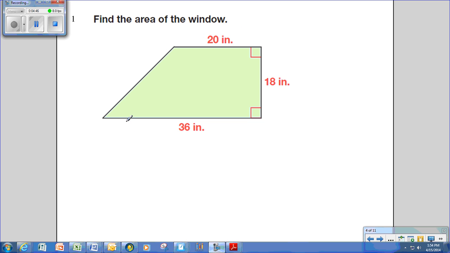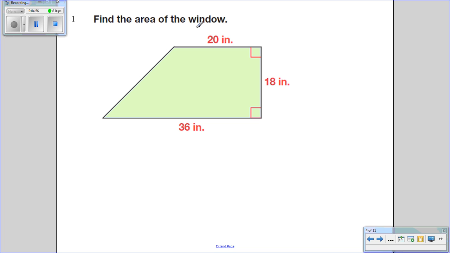Okay, here's another example. We're going to find the area of this trapezoid, which represents some type of window, maybe a car door window. So let's see what information we have. We have base 1, we have base 2, and it looks like that would be our height because that's the perpendicular distance between the two bases. So that's definitely the height. So I can go ahead and calculate that's 1/2 the height, which is 18, times base 1 plus base 2.